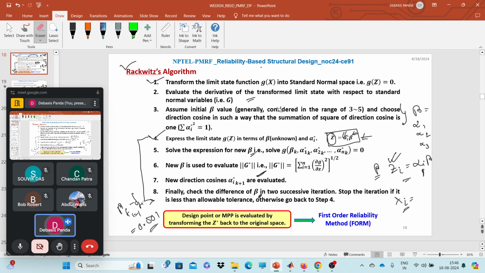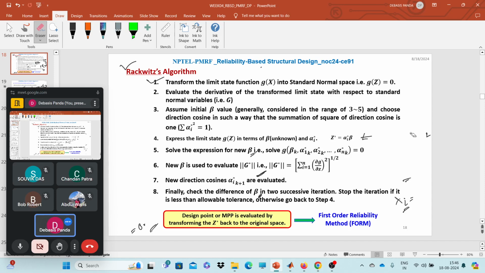In a normal design process, if we have a limit state, we just solve this problem. Look at the problem we have solved here.